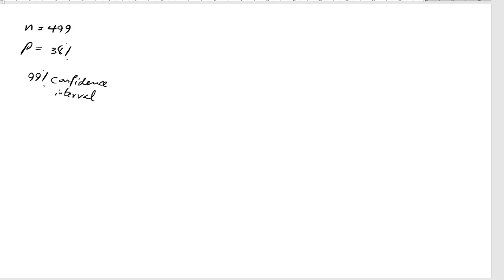If I write the formula, it would give me some idea. So P plus minus Z times square root of P times 1 minus P over N. That's the formula for a confidence interval of proportion, and I need to draw a graph to have a better idea what is happening.